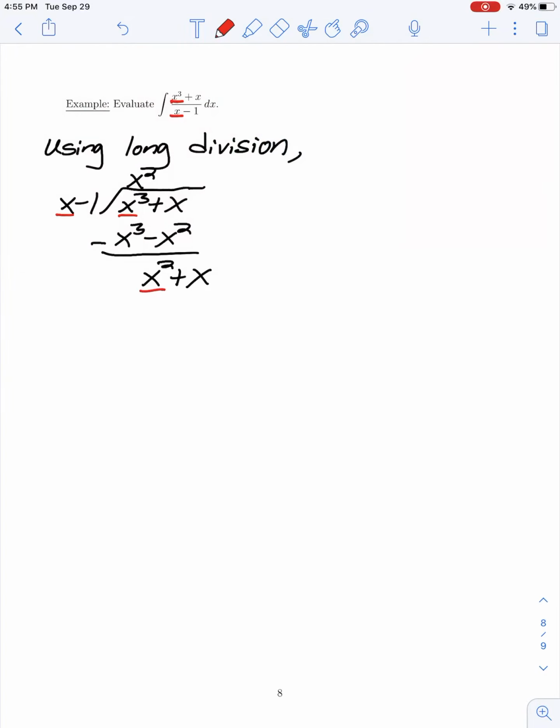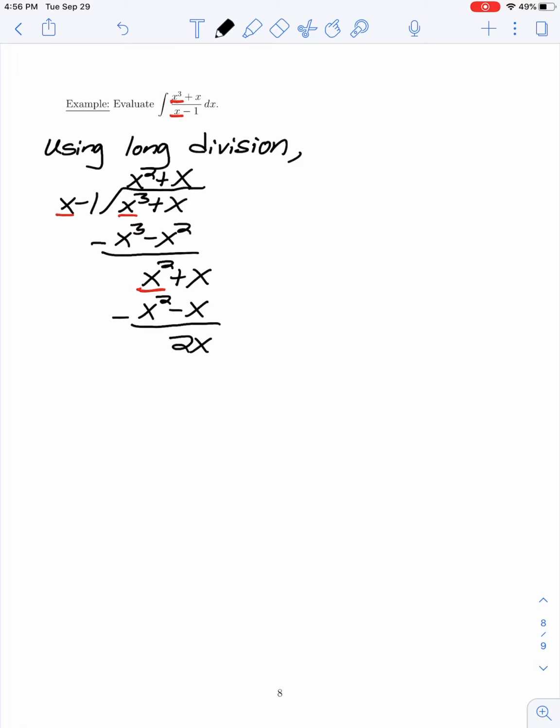Now comparing the lead coefficients x and x squared here, I would need to multiply x by a positive 1x to get x squared. So taking x times (x - 1), I would have x squared minus x.